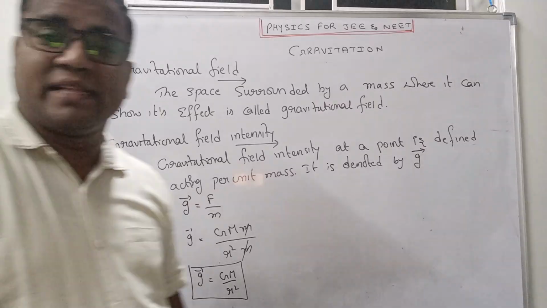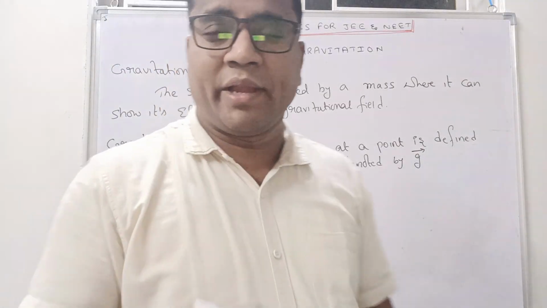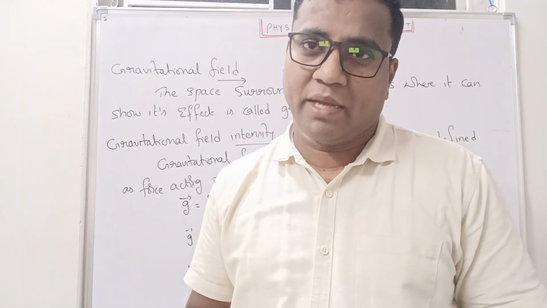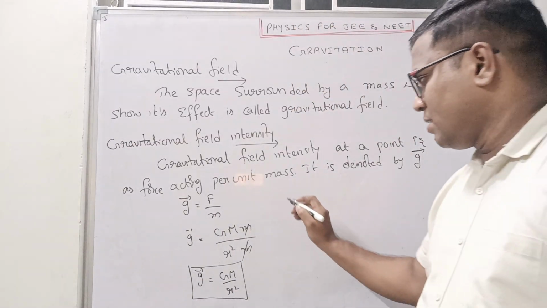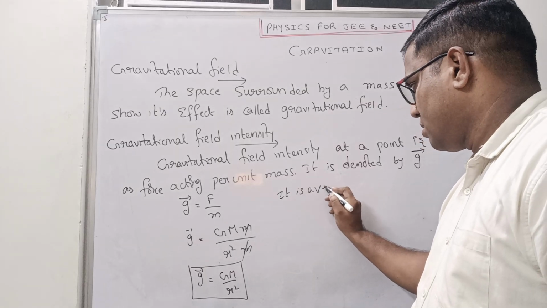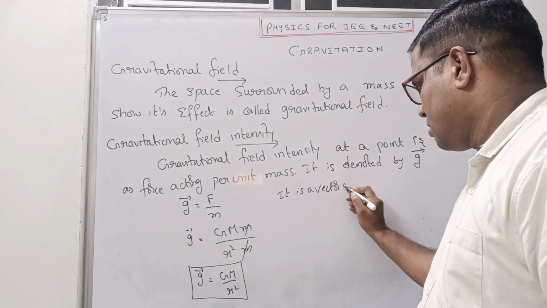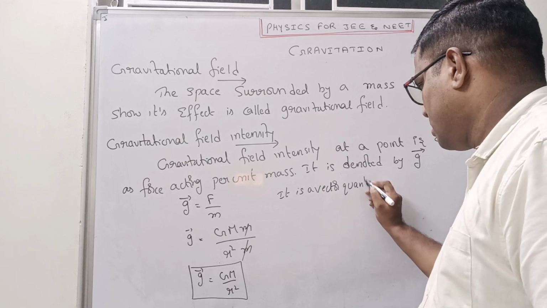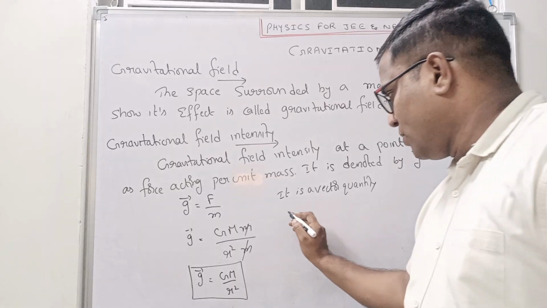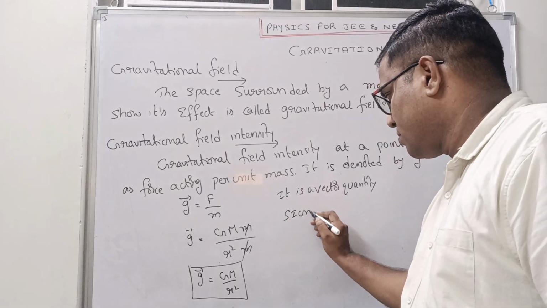Gravitational field intensity at a particular point is defined as force acting per unit mass. Clear? If you see here, it is a vector quantity. SI units. What is the SI unit?